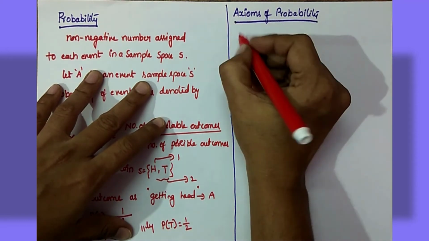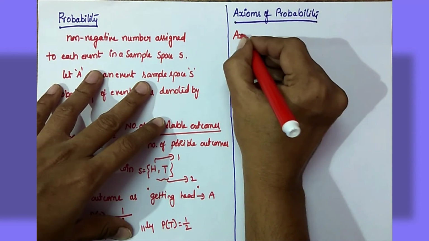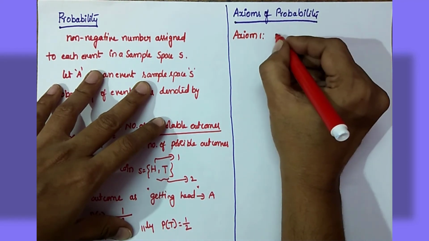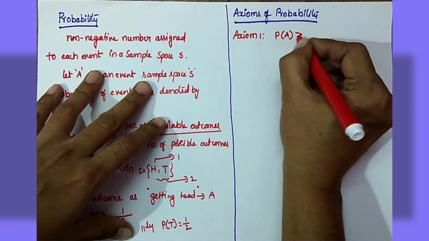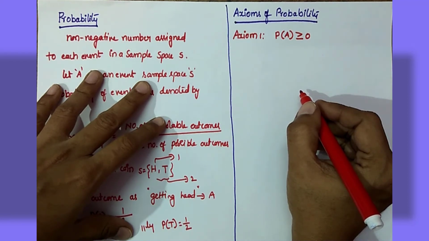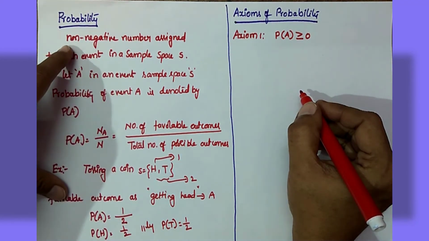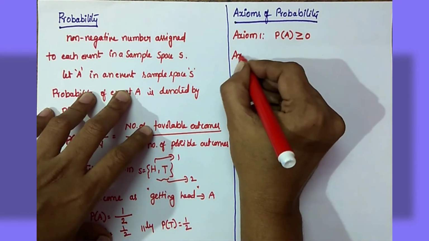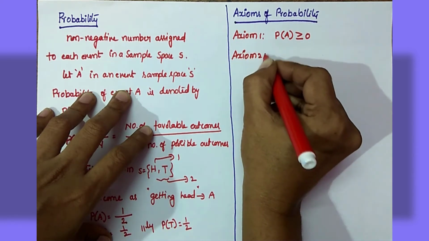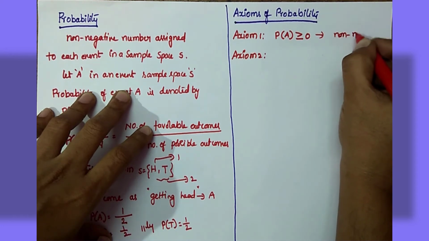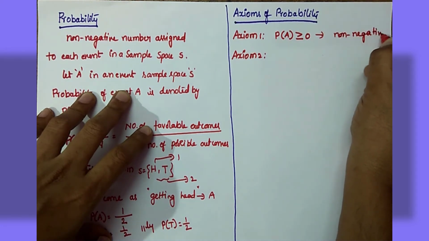For probability, the first truth, axiom 1, is that P of A is always greater than or equal to 0. This means probability is never a negative number. As I already defined, probability is a non-negative number. That is axiom 1. It represents the non-negative nature.